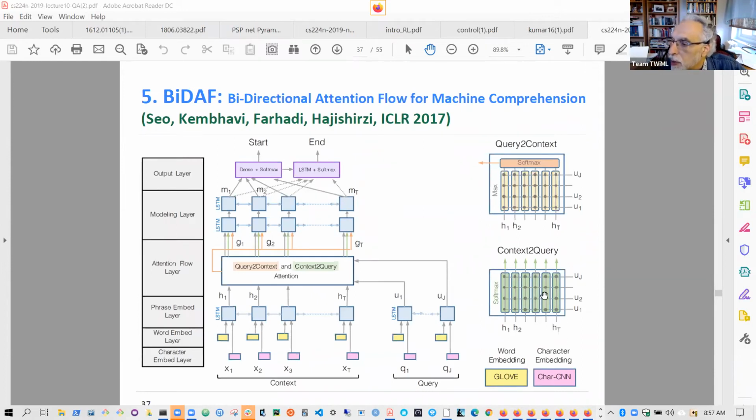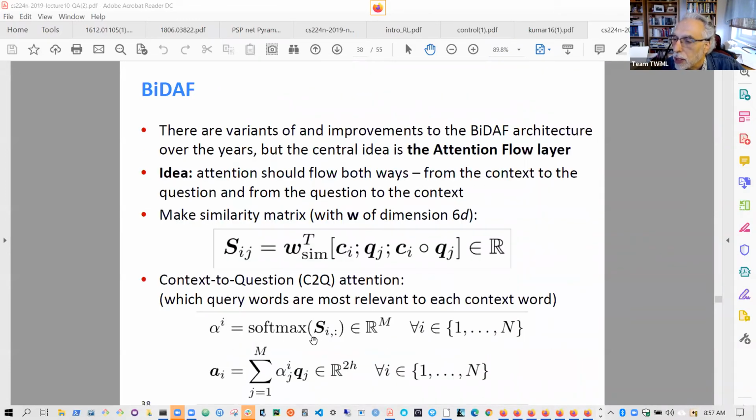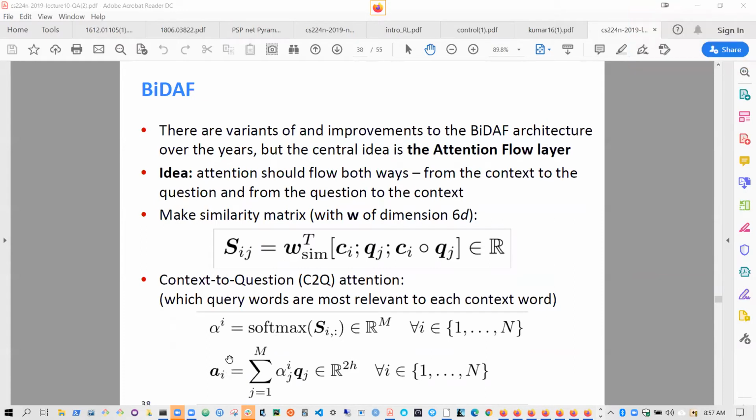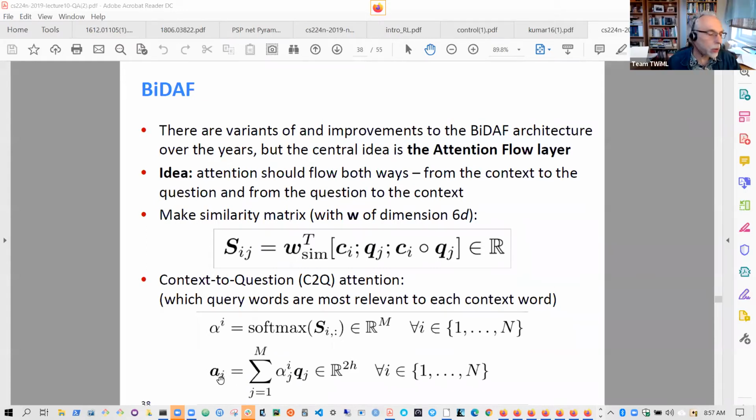So this piece goes in here, and the softmax they're talking about is this thing here.